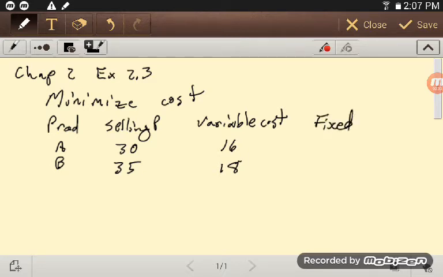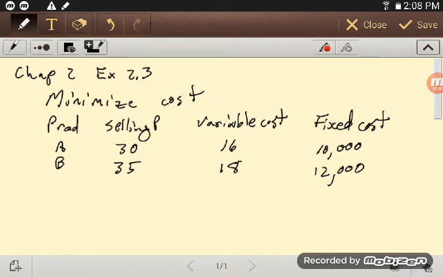Fixed cost is way up at $10,000 and $12,000. Well, we had to invest in land, factories, machines, that kind of thing, and so we have our fixed cost. So what I want to do is, I guess, minimize my cost.